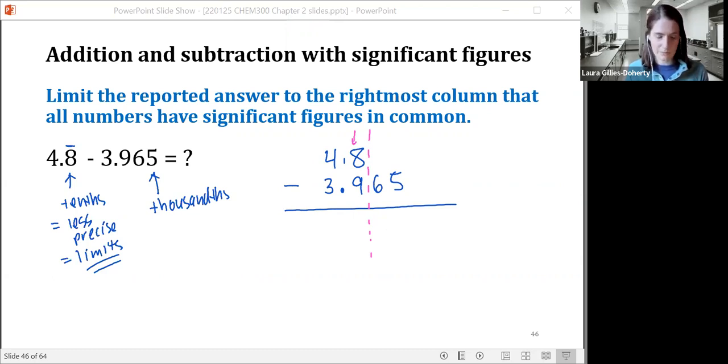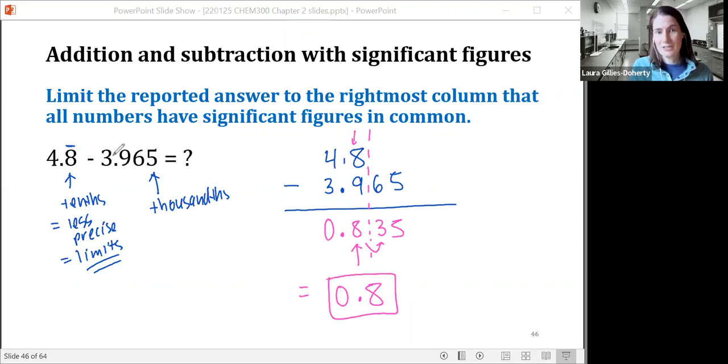So I do 4.8 minus 3.965. I get 0.835 for my final answer. It needs to be cut off here in the tenths place. That's my last sig fig. So I'm going to look to the right. It's a 3. So for my final answer, I get 0.8.